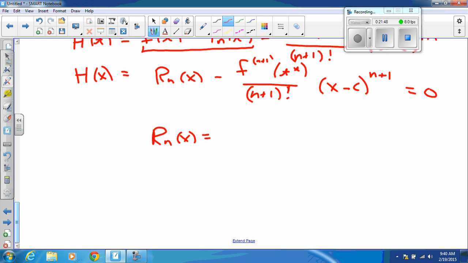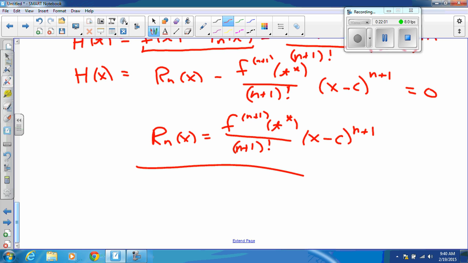And therefore, if I solve for Rn, I get the required form, which is that there is some t star between x and c, so that the Rn is exactly equal to this, as advertised. What a crazy proof.